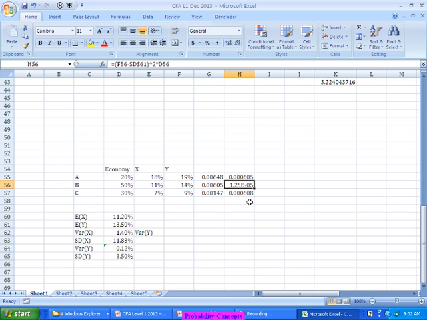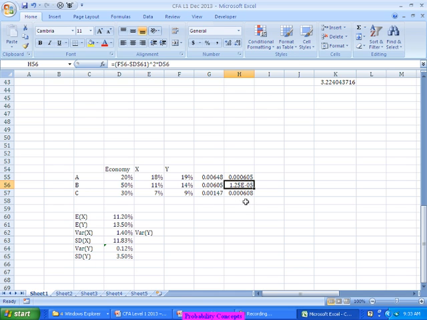So obviously that is the most preferred choice for me if I am choosing one out of the two. It has less risk measured by standard deviation or variance, and it has more return.